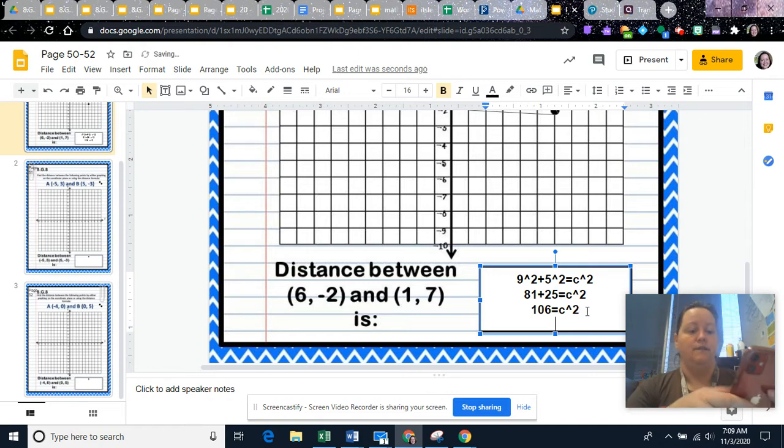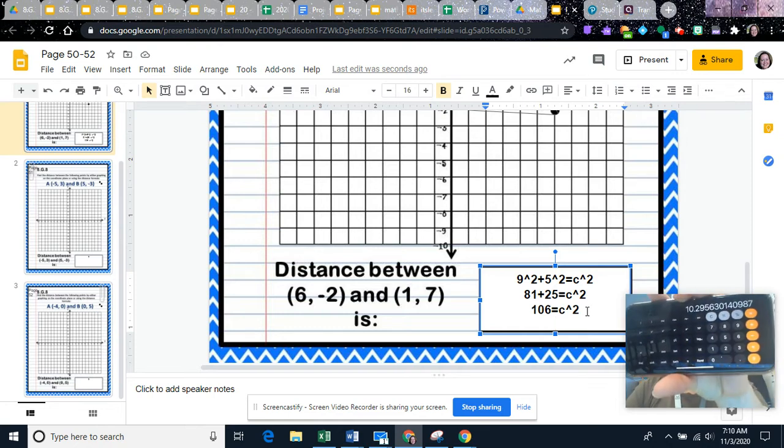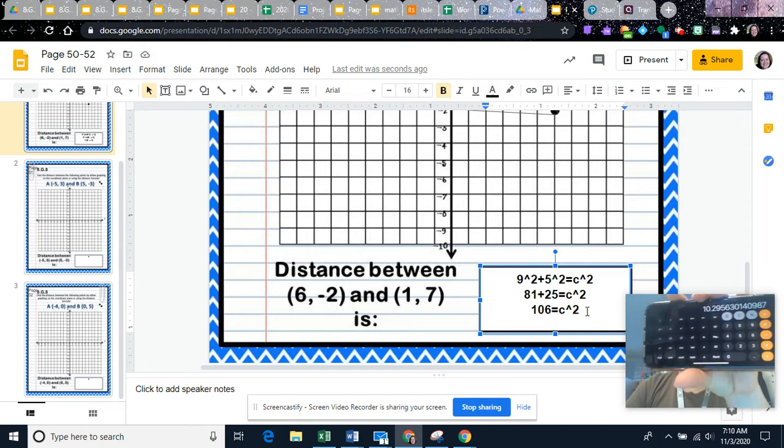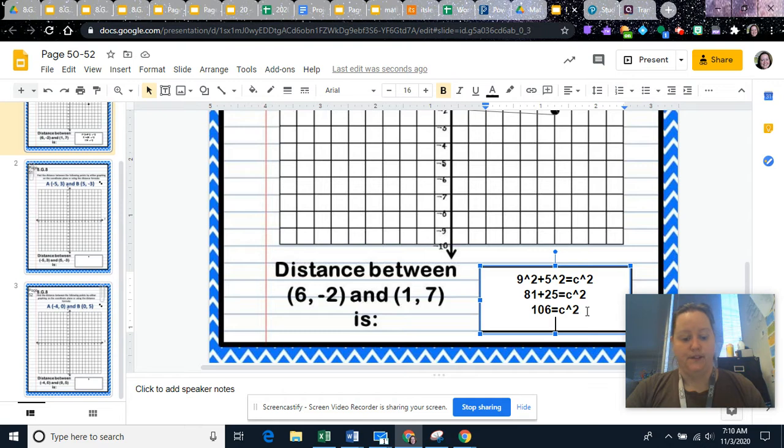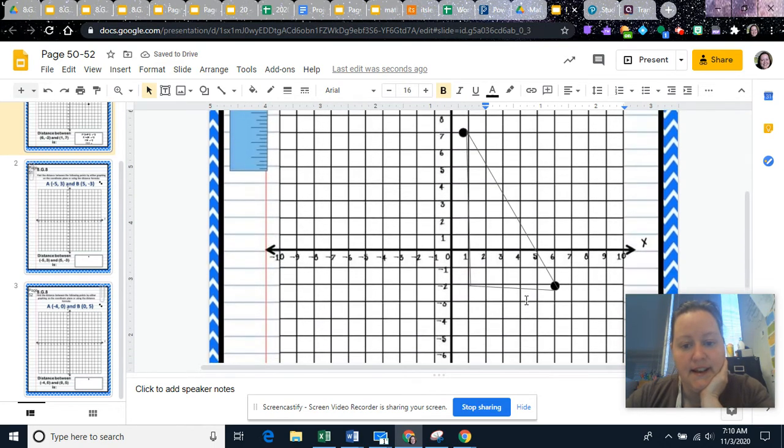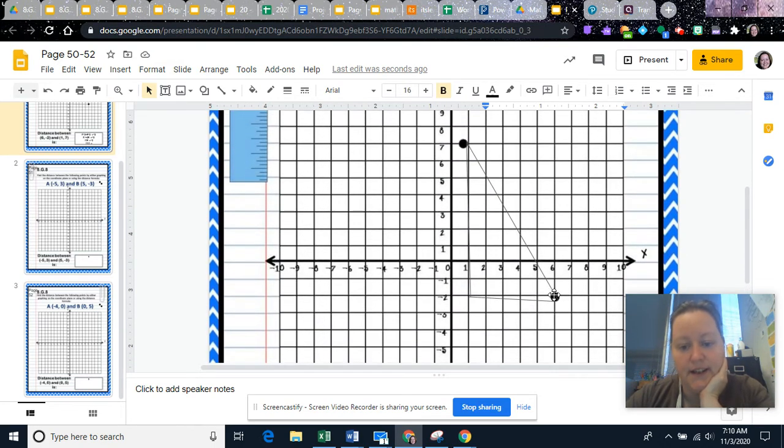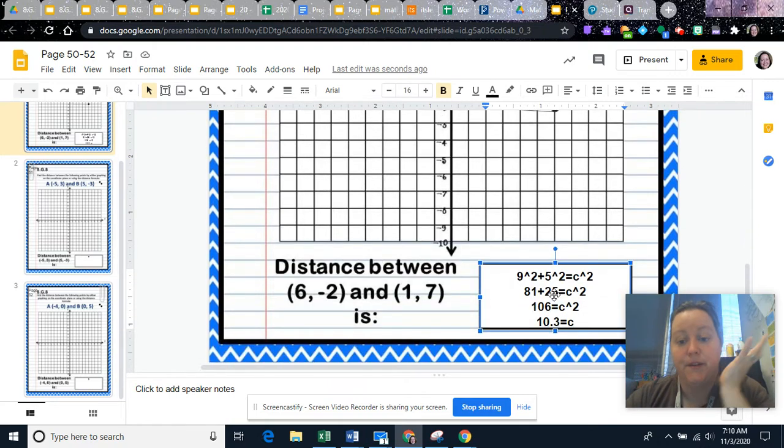Using a handy dandy little calculator here, remember if you have your phone, you want to turn it sideways, do 106, hit the square root button, and you get 10.3 when you round, because it's going to be an irrational number since it's the square root of a number that's not a perfect square. So 10.3 equals c. And that means that from here to here, it's 10.3 units length between the two.